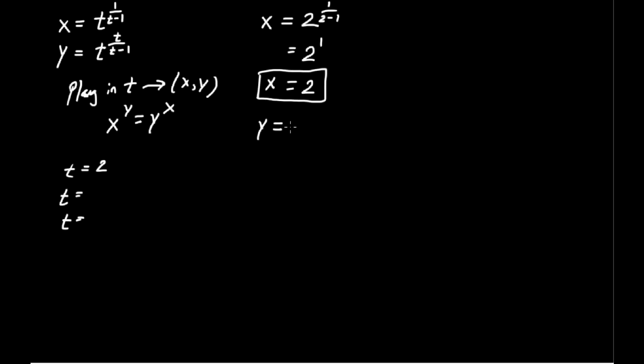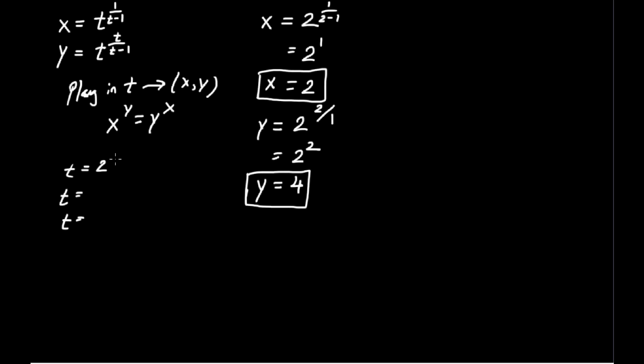And what's the corresponding y value? Again, just plug it in. I get 2 to the 2 over 2 minus 1, which is 1, which is 2 squared, which is 4. So it gives me y is equal to 4.